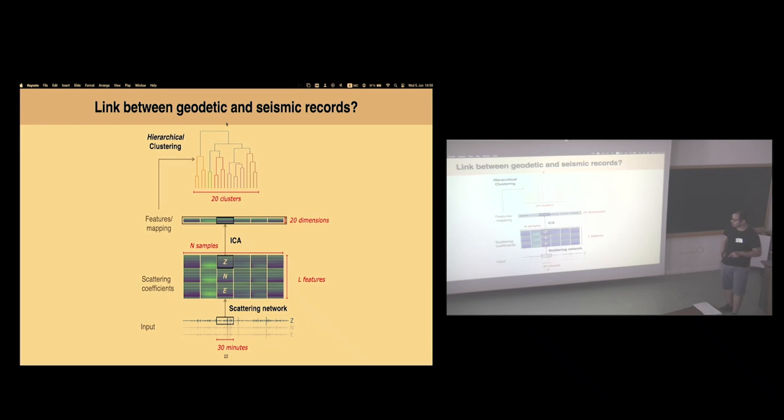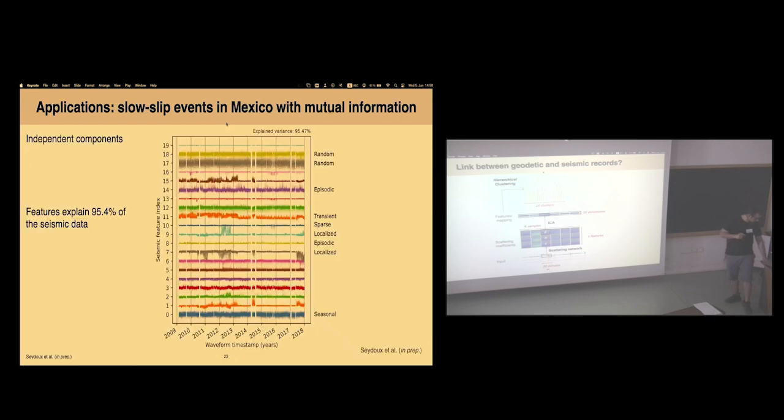We used a window length of 3 minutes, and then we extract the scattering coefficient from this data, and after that we use independent component analysis to reduce this scattering coefficient to 20 dimensions, and after that we cluster it by hierarchical clustering.